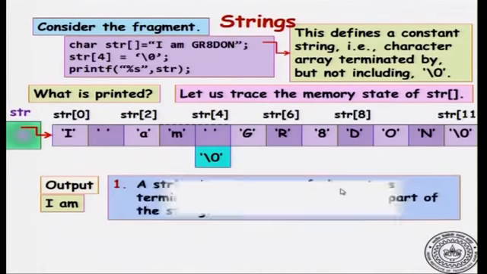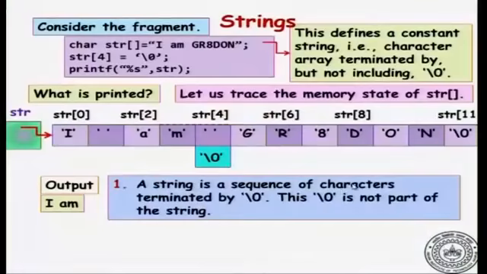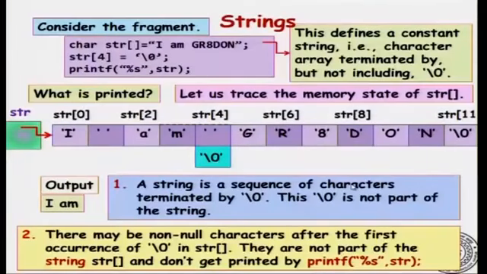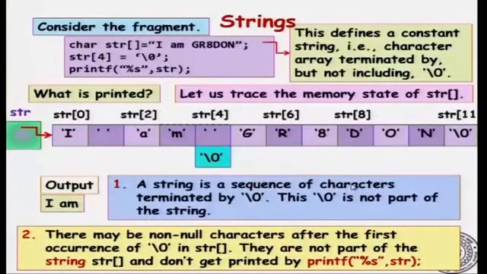And why does that happen? A string in C, as far as C is concerned, is a sequence of characters terminated by a null. This null is not part of the string. There may be non-null characters after the first occurrence of null in str, but they are not considered part of the string str.